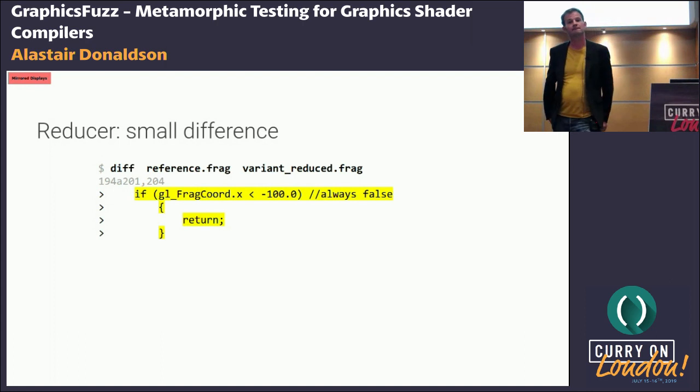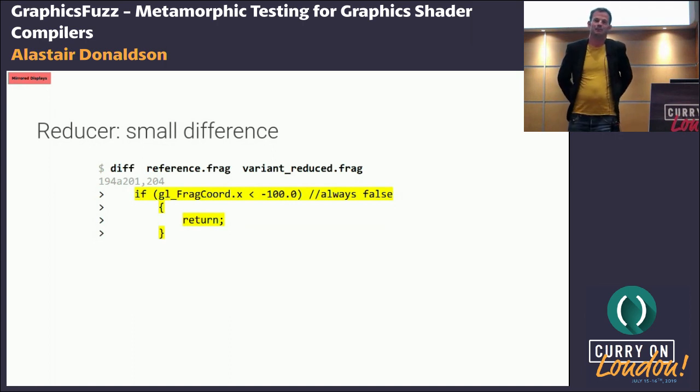I'm just curious, how smart are you about removing all those transformations to get to the minimal diff and the minimal test case? Is there some real smarts in it, or is it sort of random or brute force? Well, we have a set of reduction rules, and we have a guarantee that if you wait long enough, you will eventually reach what's called one-minimality, where no rule is capable of making the shader smaller while preserving the bug.